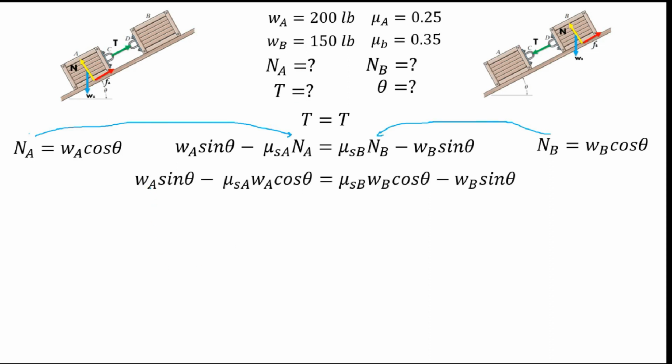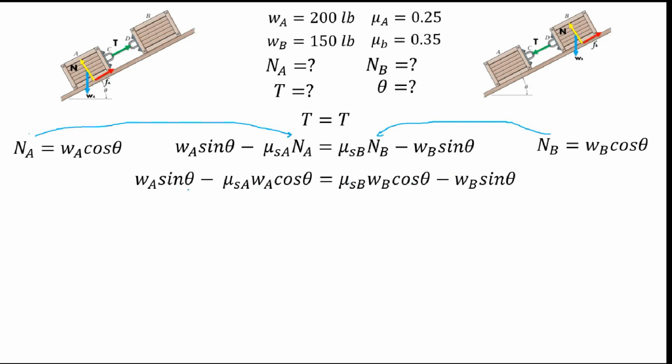That is weight of A sine theta minus mu A times weight of A cos theta, that is the equivalent of NA, is equal to mu of B times the equivalent of the normal force of crate B, WB cosine theta, minus WB sine theta. Okay, so from this equation, as you can see, we know what is the weight. We also know what is the coefficient of friction.